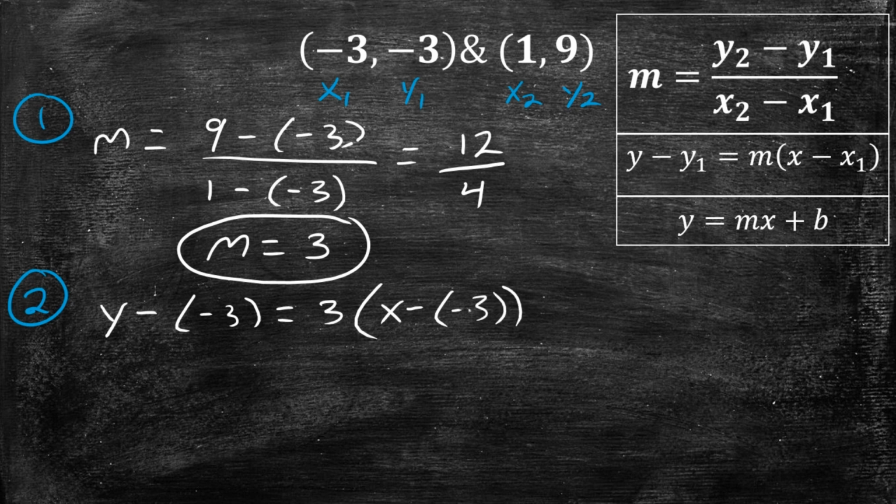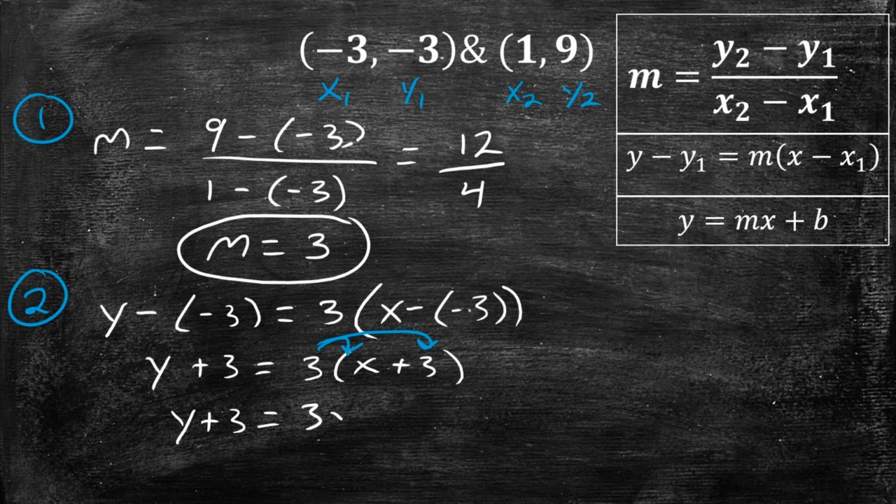All right, so let's go ahead and simplify this. We'll get y plus 3 is equal to 3 times x plus 3. And from here, what I want to do is distribute this 3 over to both those in the parentheses. So we get y plus 3 is equal to 3x plus 9.